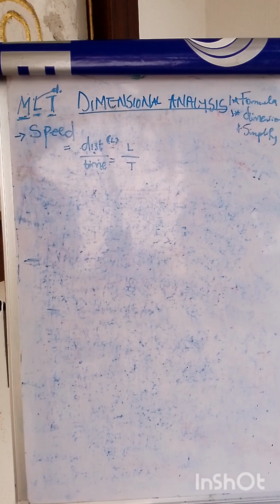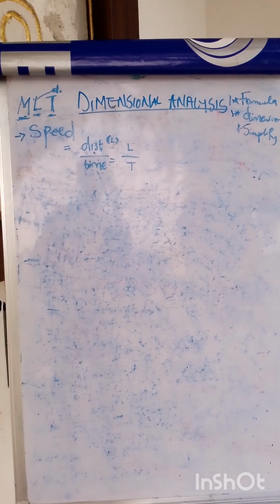Now let's simplify. We have successfully assigned their dimensions to them. How are you going to simplify this? I believe you know your simple mathematics under the law of indices.